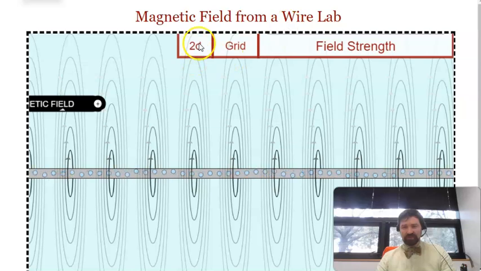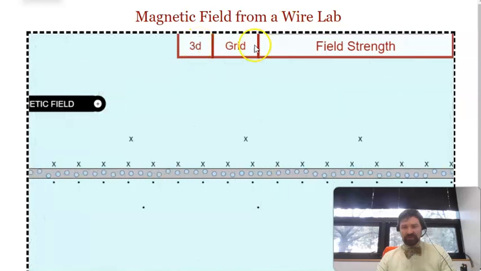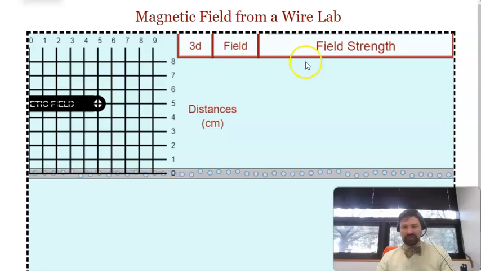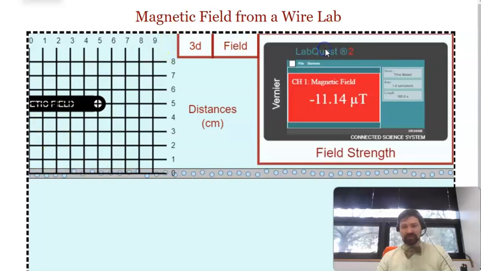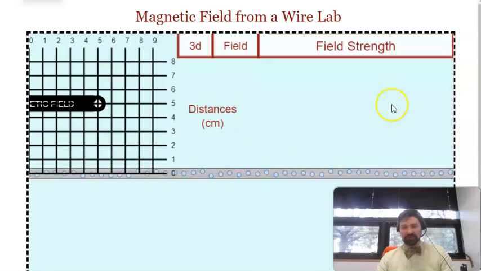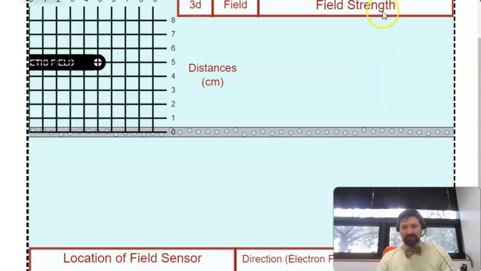You want it in the two-dimensional, and the grid is sort of easiest to deal with. You have a field strength measurement, and then down at the bottom, kind of off screen in this video recorder, unfortunately, we have location of field sensor, direction of electron flow, and then below the video there's also current.